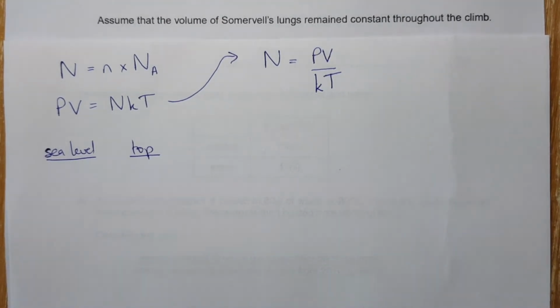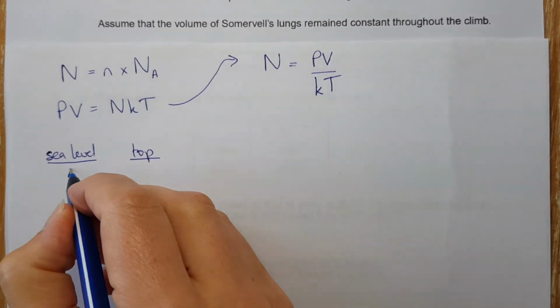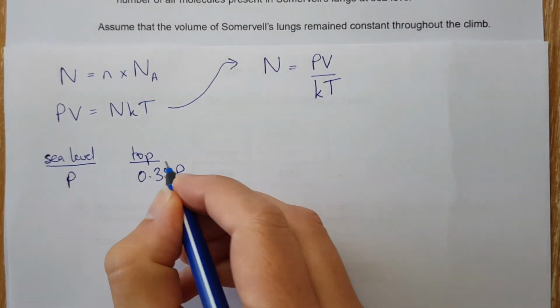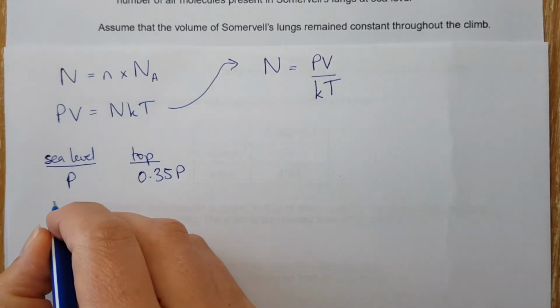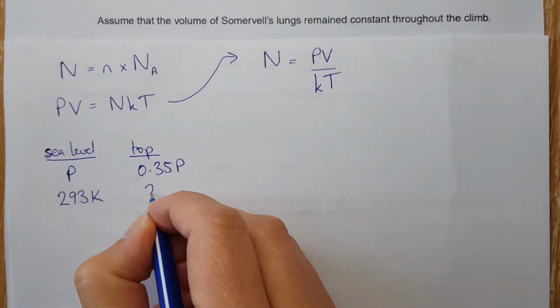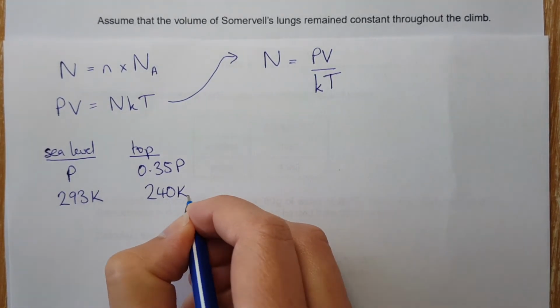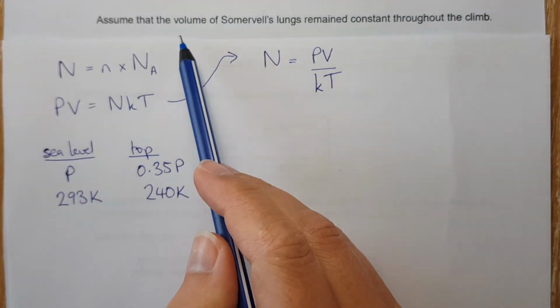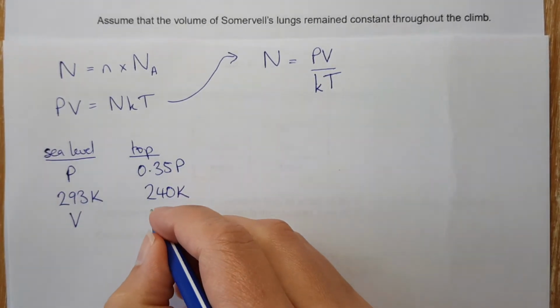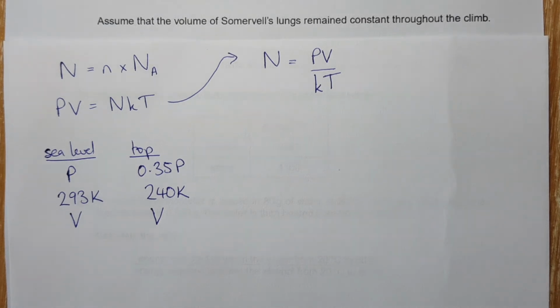Now, of course, we already had the pressure and the temperature, so copying from the previous part of the question, we've got pressure at the top, 0.35 times pressure at the bottom, temperature at the bottom, 293, at the top, 240. And then we're told, assume that the volume is the same. This is the volume of his lungs, remember, so the air that we're looking at. And then there'll be less air molecules in his lungs at the top, because we know the pressure's going down.